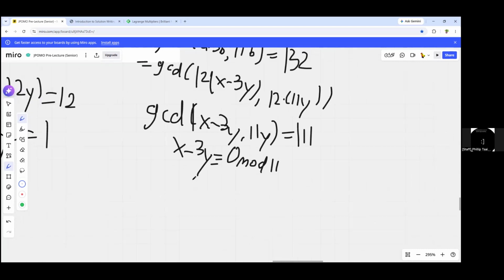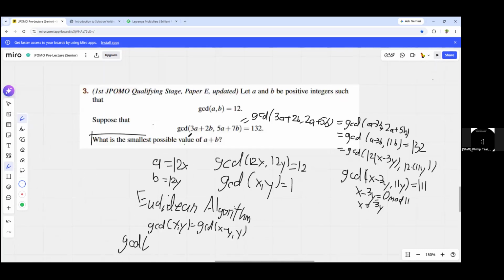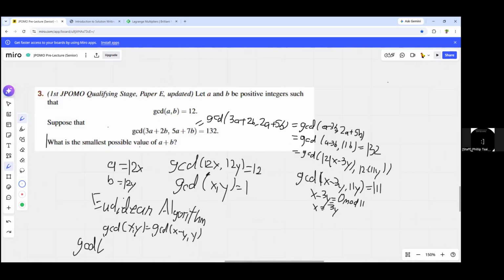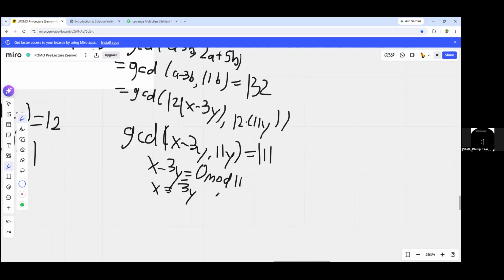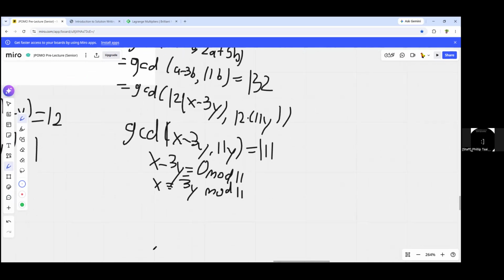Then we can test values of x and y to find the smallest possible value of a plus b, since a plus b is essentially 12 times parentheses x plus y. Since x is equivalent to 3y mod 11, we can just test out the values of x and y here.